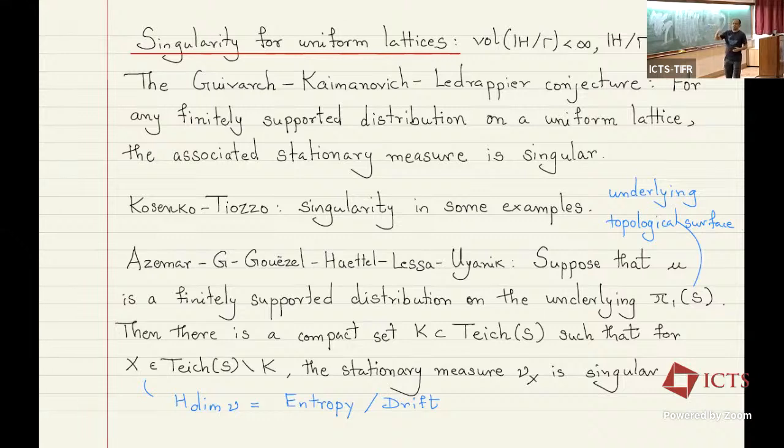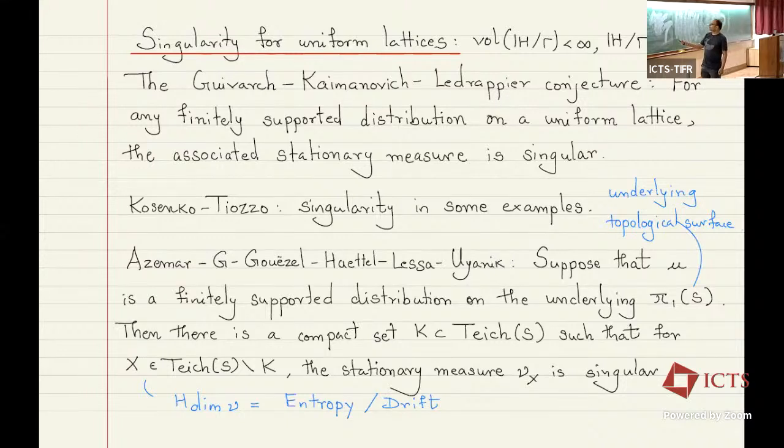Changing the various hyperbolic metrics on an underlying topological surface is parameterized by something called Teichmuller space. The Teichmuller space of S is the space of all marked hyperbolic metrics that your given surface can carry.